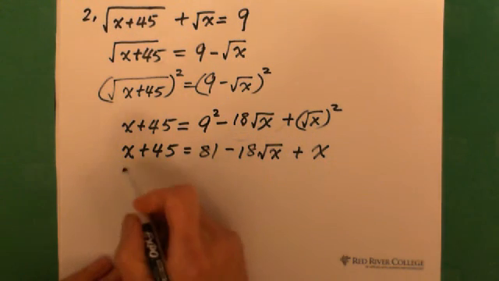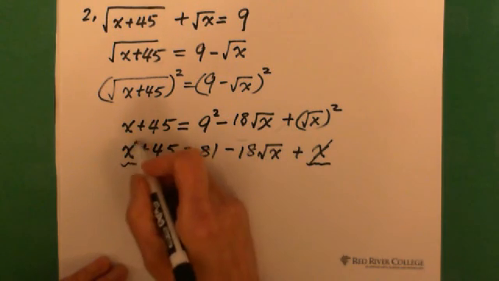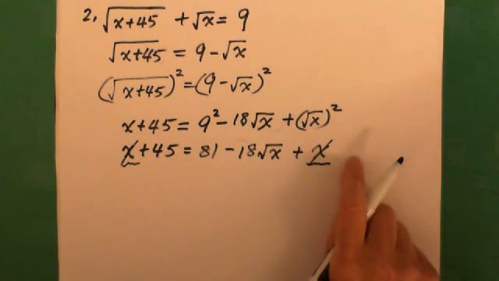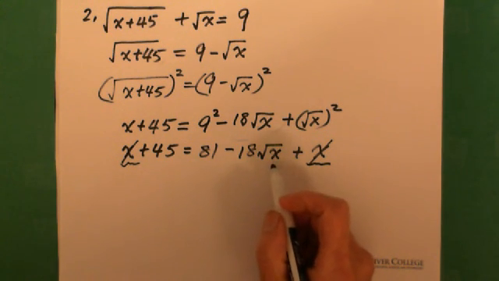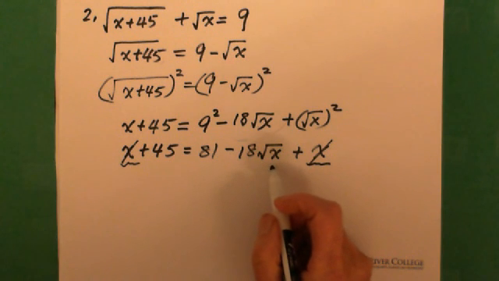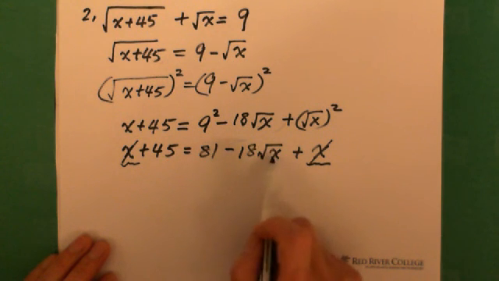So this x can be cancelled with this x because both sides have the same sign. But this radical x is still here. So in this situation, we need to first isolate this radical x.